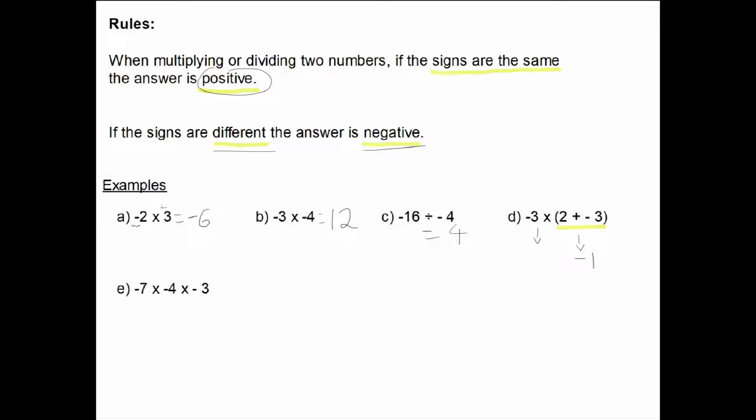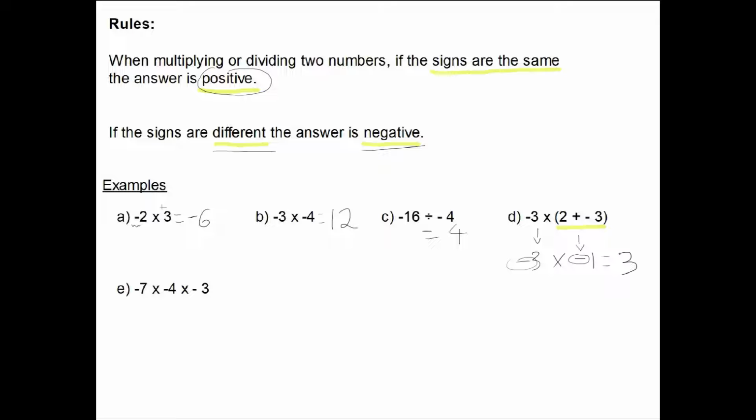So I need to do minus 3 times minus 1. Remembering BIDMAS, brackets first, multiply after. Minus 3 times minus 1, I can see the signs are the same, a minus and a minus. I'm multiplying, so my answer is going to be a plus, positive. So my final answer is just 3.